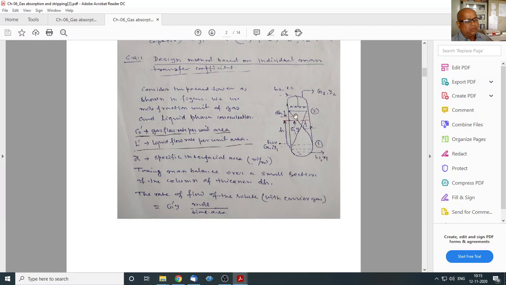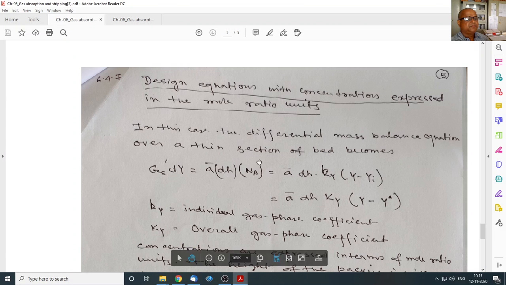Now the same calculation we will do, but with the mole ratio. Here G dash is varying, but if you take the mole ratio, then G dash S will not vary, it will be constant, isn't it? So let's see how it is. In this case, that is G dash Y. Now in this case, what will happen?